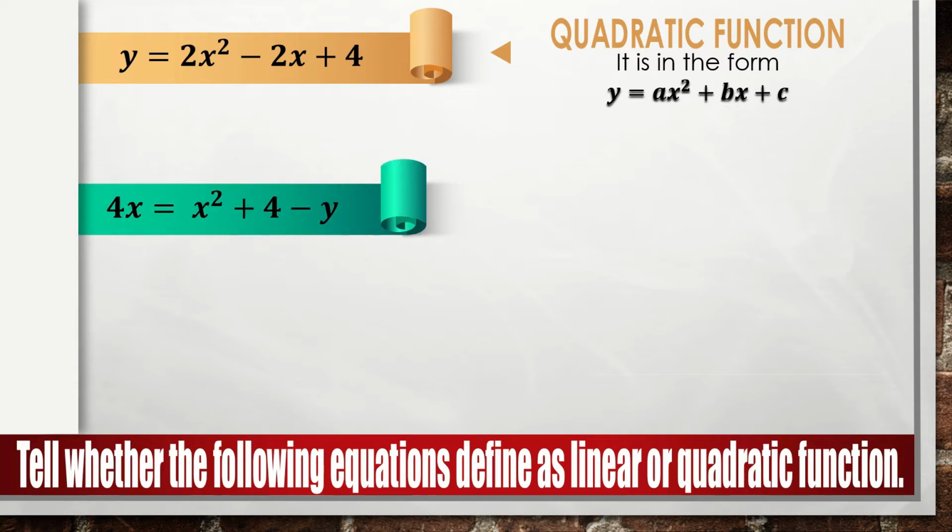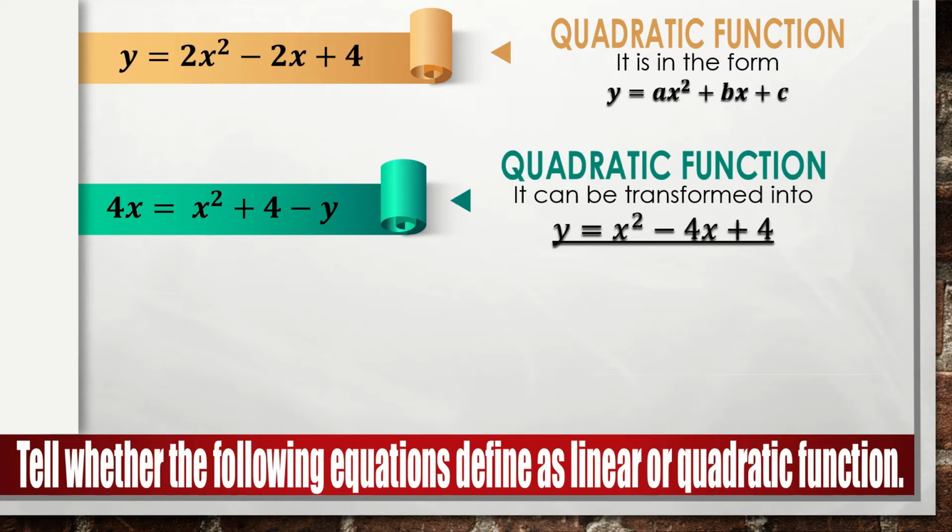Number 2, 4x is equal to x squared plus 4 minus y. It is also a quadratic function. It can be transformed into y is equal to x squared minus 4x plus 4 using the addition property of equality.